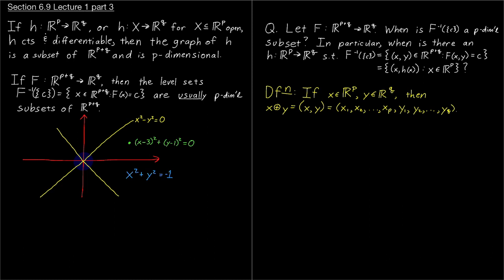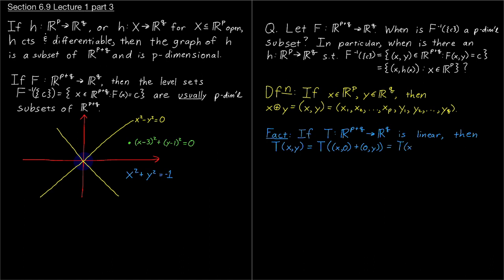So now let's notice a pretty straightforward fact. If, let's say, T goes from R^(p+q) into, well, any vector space, but we're only going to really need this mapping into R^q, is linear, then T of the point x, y is T of the point x, 0 plus 0, y.